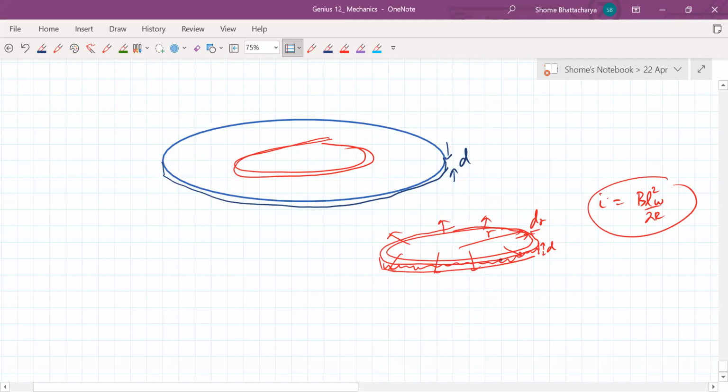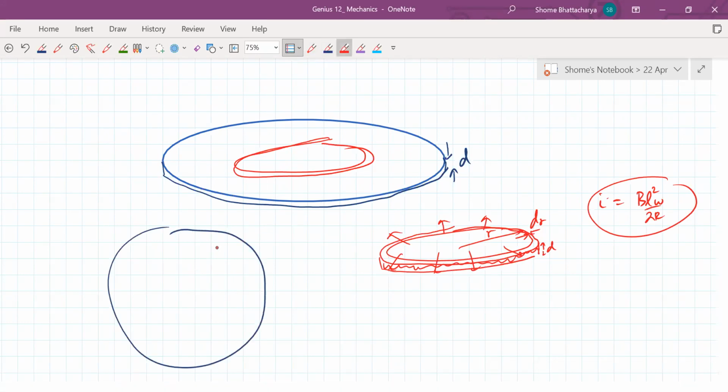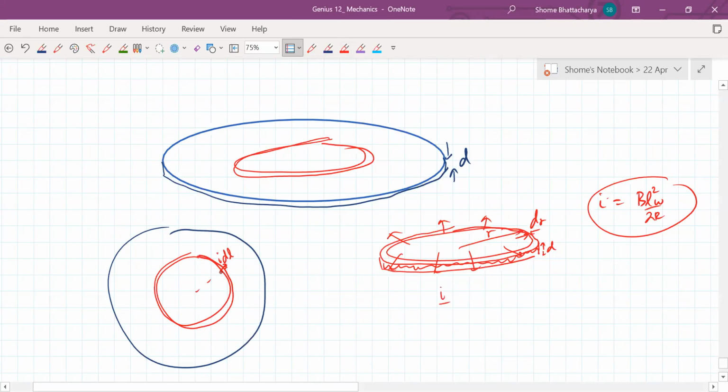Now on this, if you consider a small element, again I'm taking the top view. Here, if I consider a small current element I dl like this, this current element is actually equal to how much? It is I divided by this inner surface area.